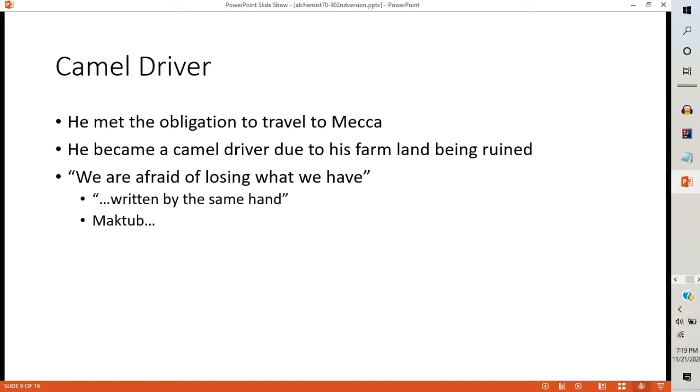And the camel driver says that he had a seemingly successful life. He had land. He seemingly was a farmer, but all that was lost due to flooding of the Nile River. So he had to find a way to earn a living, so he became a camel driver.